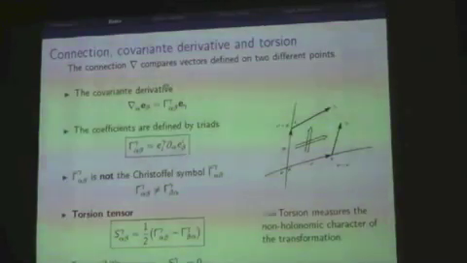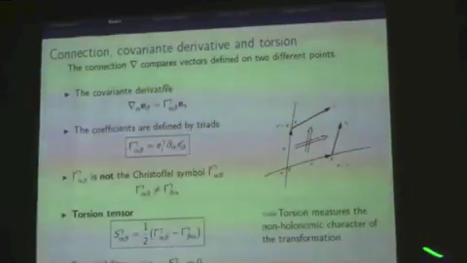The compatibility situation corresponds to the situation where this torsion is zero everywhere. And in fact, this torsion measures the non-holonomic character of the transformation.